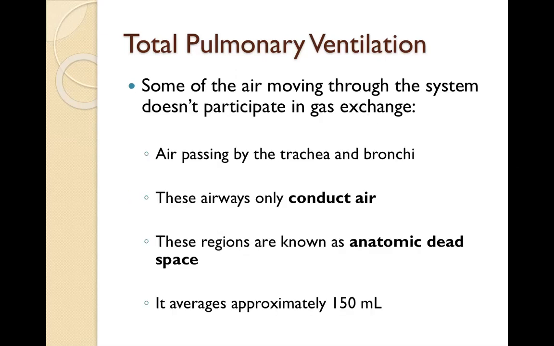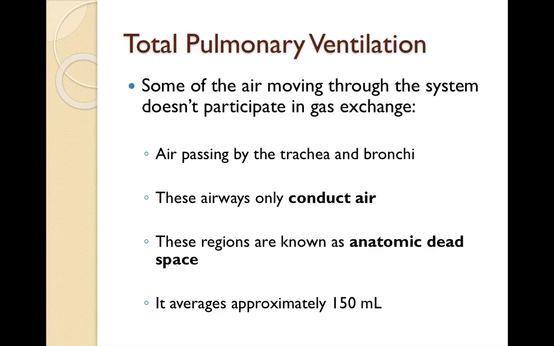And so the reason why it's not the amount of air, and I'm going to show a graphic about this so that we can really understand where the air is going, is that some of the air that's moving through the system actually doesn't participate in gas exchange at all. So air that passes by the trachea and bronchi, those airways aren't doing anything for gas exchange. So when we breathe in, some of that air is still in the trachea and still in the bronchi.